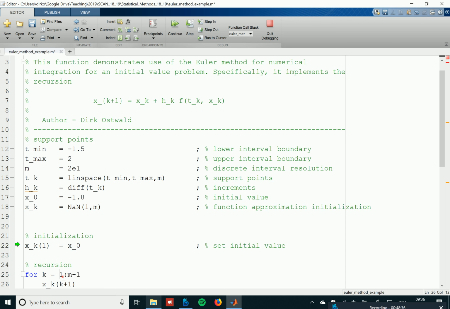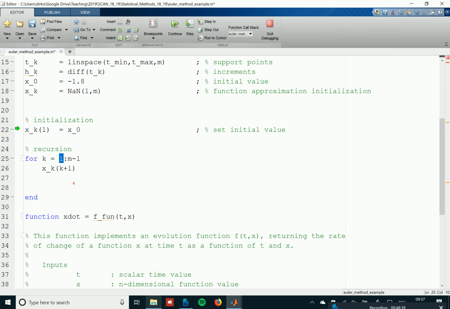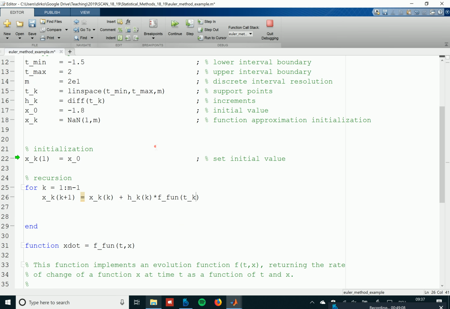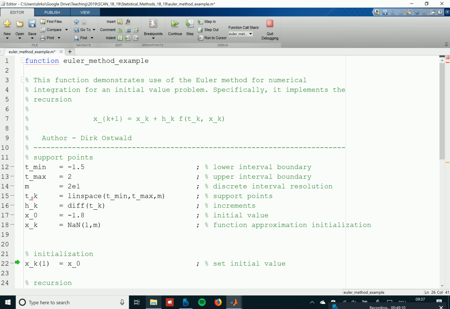So k starts with 1 here, and now we're adding something, so we get to 2, equals our xk at k plus our hk at k times, and now this is why we wrote this function, f fun times the time point tk. Maybe we call them just t, then we don't have that many k's there.